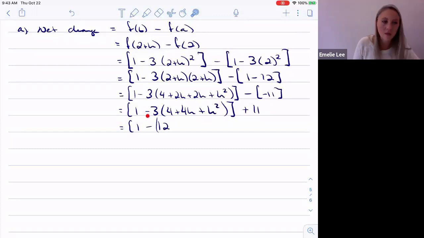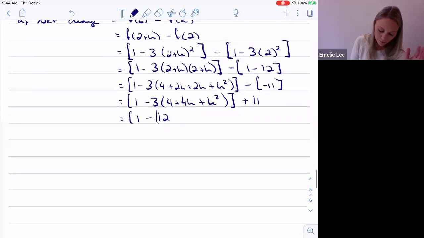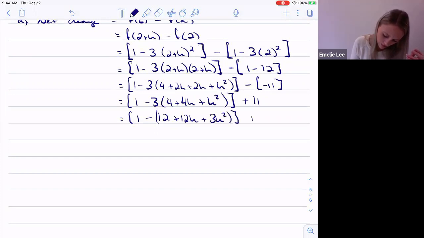And I'm going to keep this negative outside because I don't want to forget about it, right? I have to bring this negative onto each of the terms. So the first thing you could do is multiply each term by negative 3, but you have to remember to keep that negative on there. So just to make sure that I do that, I'm going to keep that negative outside and keep everything in brackets and just multiply by 3 when I bring that in, just to make sure I don't forget about it. Plus 12h plus 3h squared plus 11.